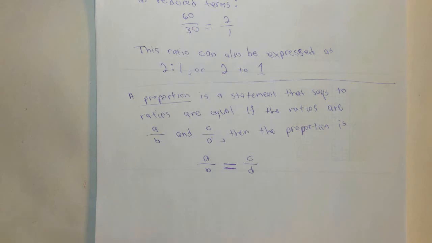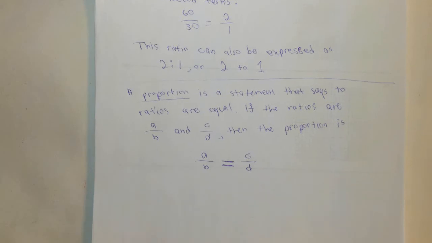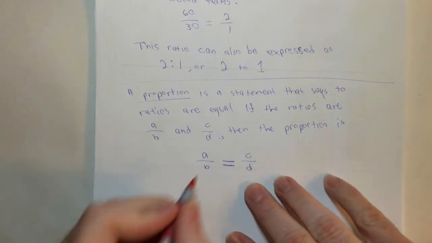Technically what I'm doing is multiplying BD, the common denominator, to both sides. So this is technically what we're doing.